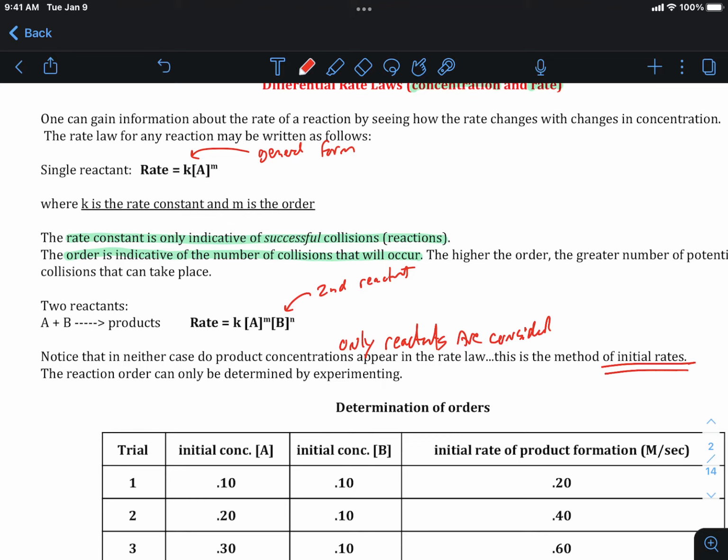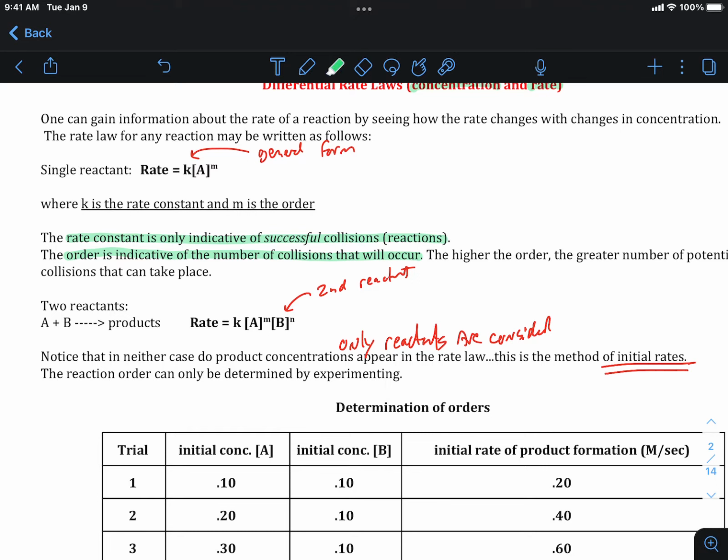At the beginning of any reaction, you only have reactants. If there are no products at the start of a reaction, then you have no variable to use. You have no measured concentration of anything. So that's why we base our experimental determination of reactions on the concentration of reactants. Okay? Because that's what we have to measure. That's the only thing we can measure.